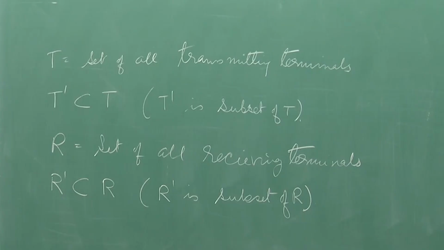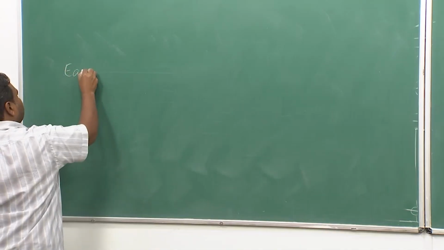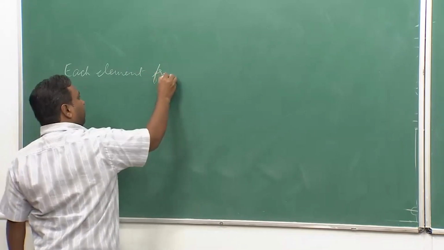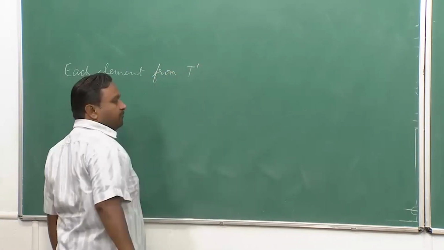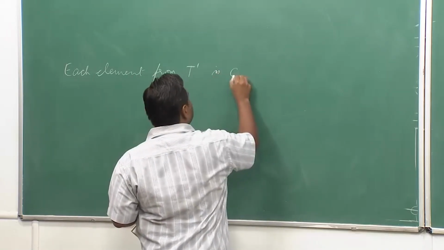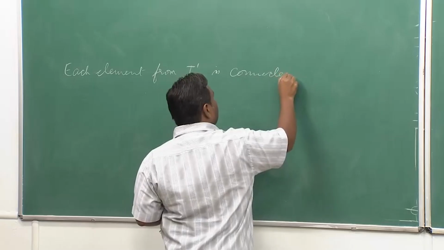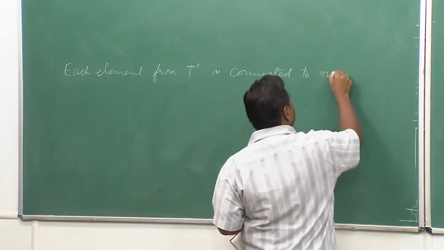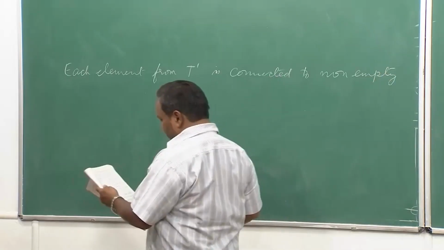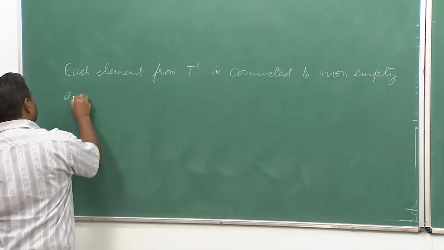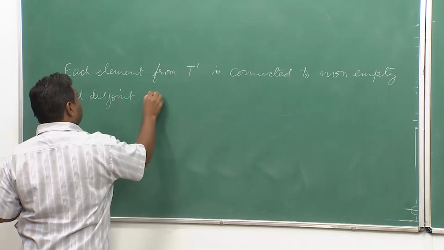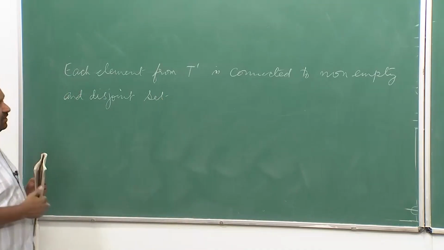Now, each element from T prime is connected to a non-empty and disjoint set of output terminals.